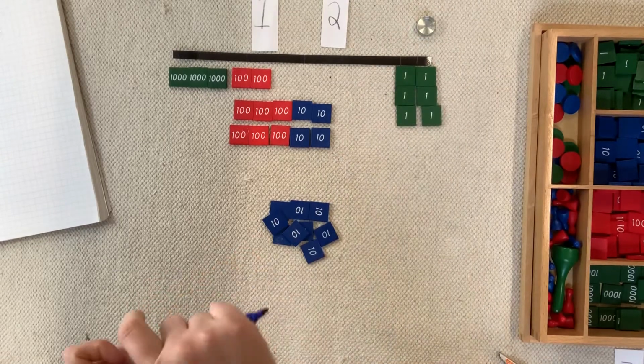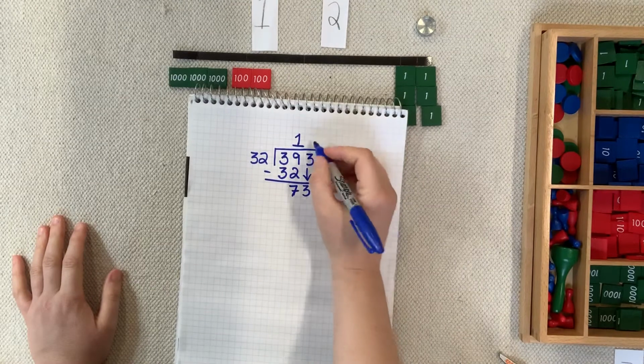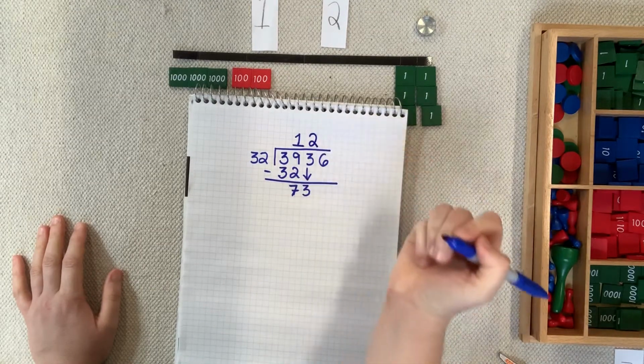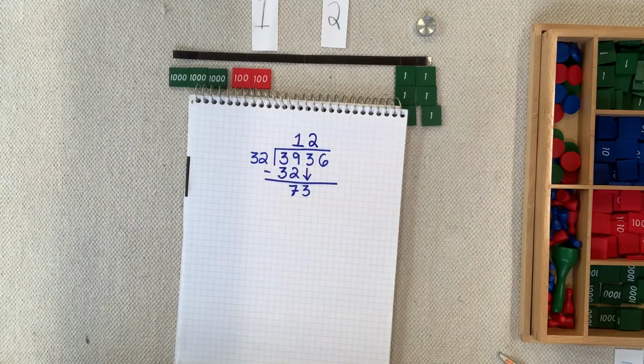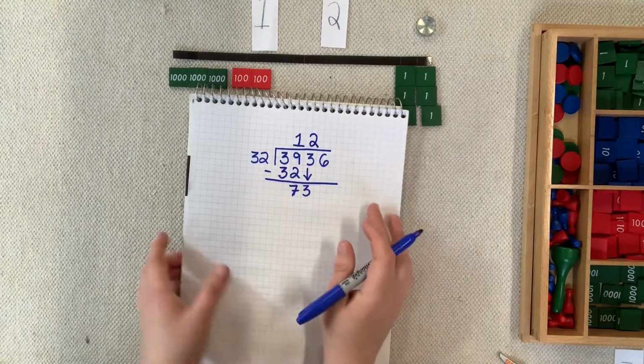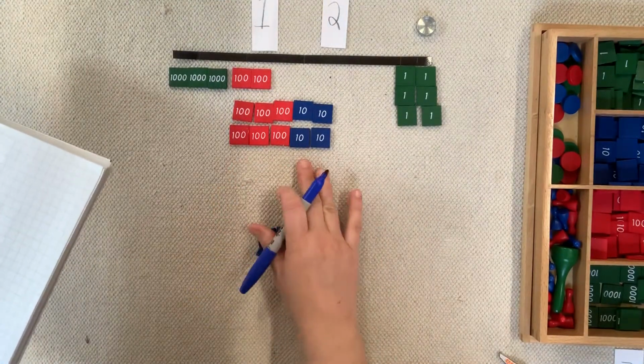So let's write that down on our paper, writing a 2 above my tens. And I'm going to ask, how many did I use up altogether? Well, I used up 64.